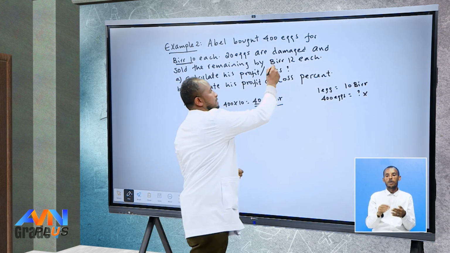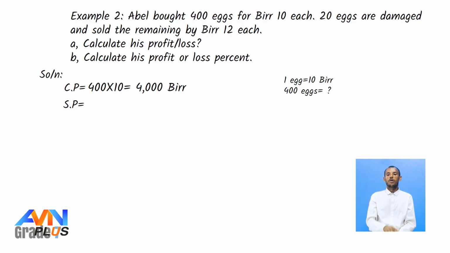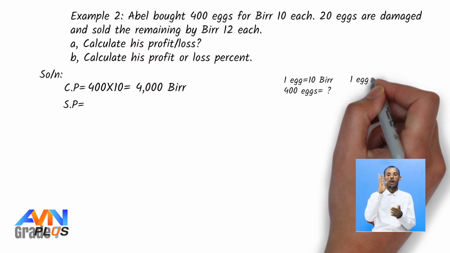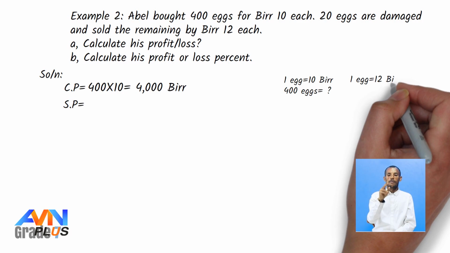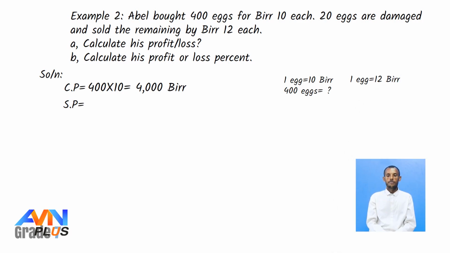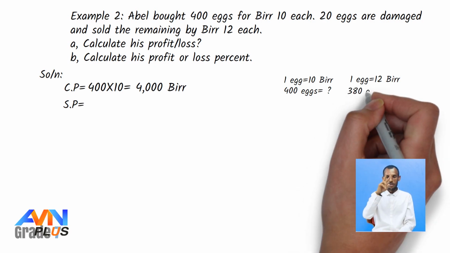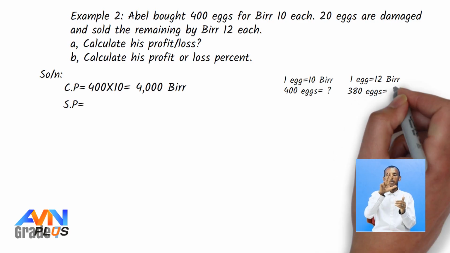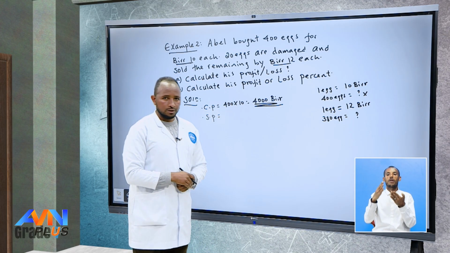It is 12 birr. Therefore, one egg will be sold for 12 birr. And how many eggs has he sold? 400 minus 20, because 20 are damaged. Therefore, 380 eggs will be sold for how much?